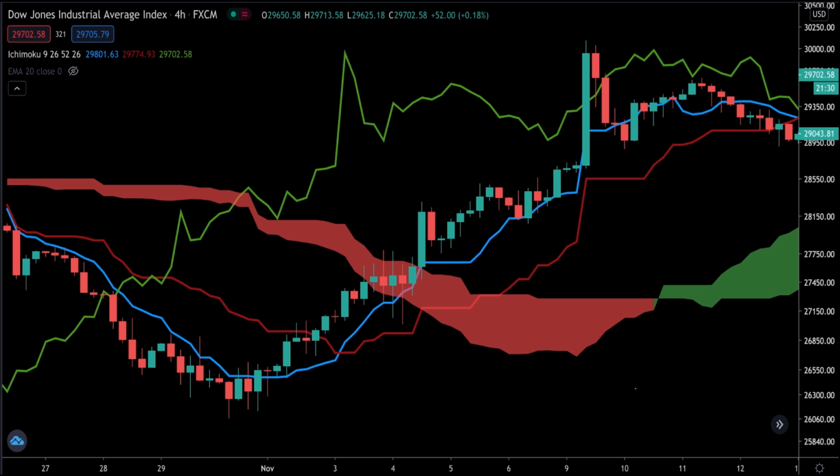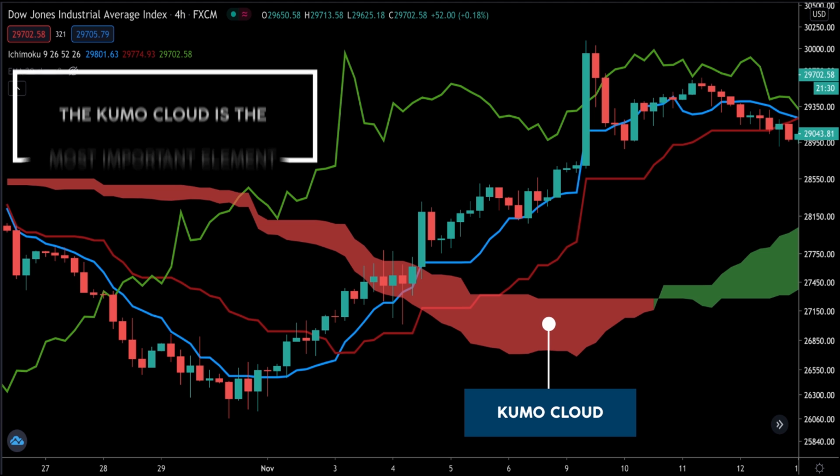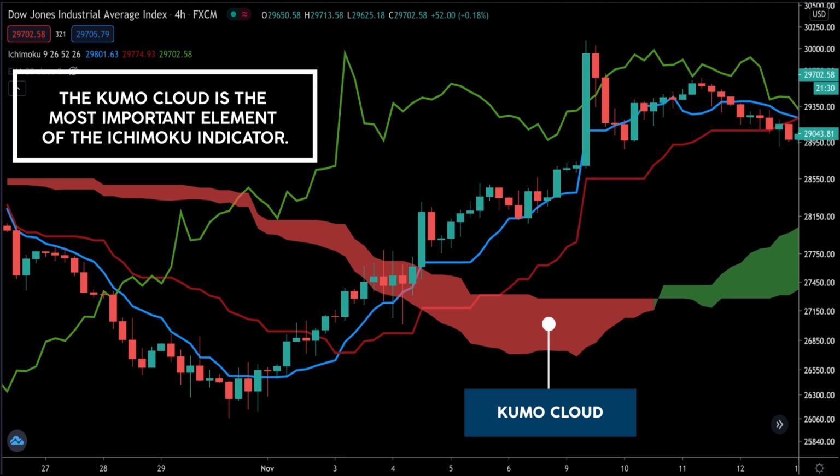And lastly, we have the Kumo cloud, which I have previously touched on in one of my previous videos. If you forget anything that I mentioned about the Ichimoku indicator, that's fine, but not this one. The Kumo cloud is probably the most important aspect of the Ichimoku indicator. Now, this cloud is formed by 2 lines, which are called span A and span B, and it demarcates the area of dynamic support and resistance.